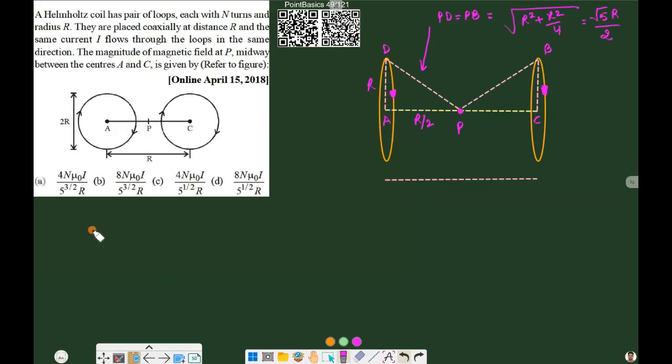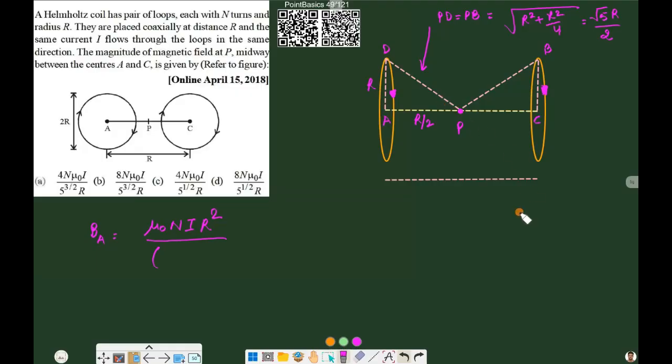So the magnetic field due to coil A will be mu naught n I r square, where n is the number of turns, I is the current and r square comes from its radius, divided by 2 times the square of the distance PD raised to the power 3 by 2.